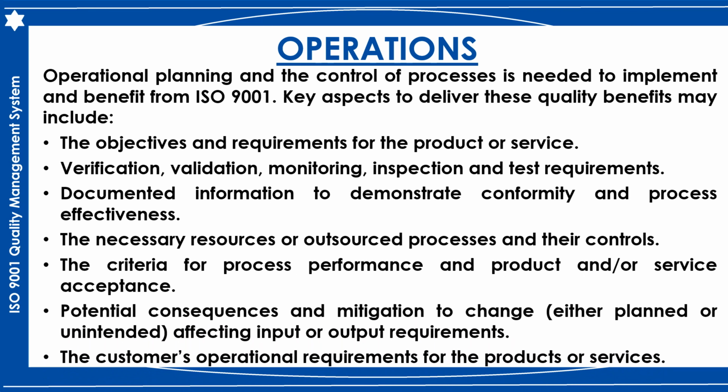Key aspects to deliver these quality benefits may include the objectives and requirements for a product or service, verification, validation, monitoring, inspection, and test requirements, documented information to demonstrate conformity and process effectiveness, the necessary resources or outsourced processes and their controls, the criteria for process performance and product and/or service acceptance, potential consequences and mitigation to change, either planned or unintended, affecting input or output requirements, the customer's operational requirements for the products or services.